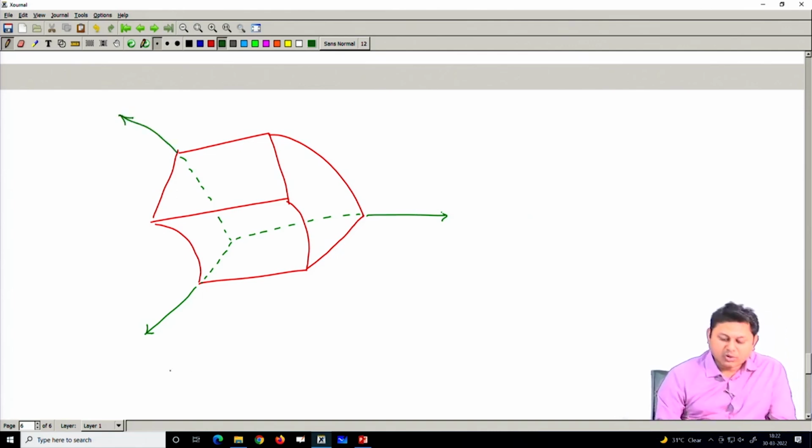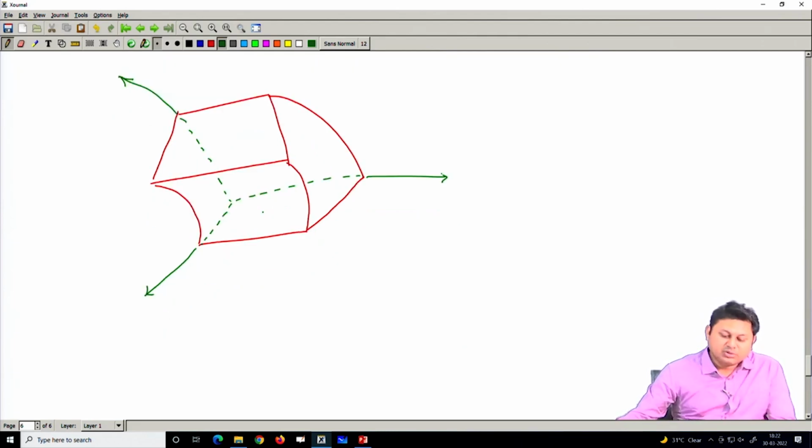So, these are the coordinates and this is the volume element, a very ugly looking volume element, but this is the generalized version. I do not have any special geometry here, just an arbitrary thing.